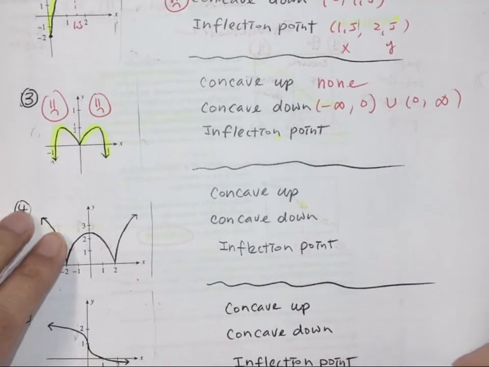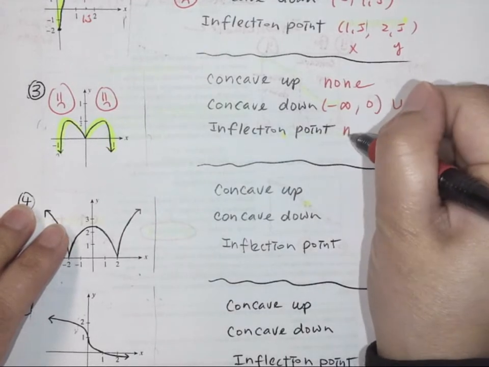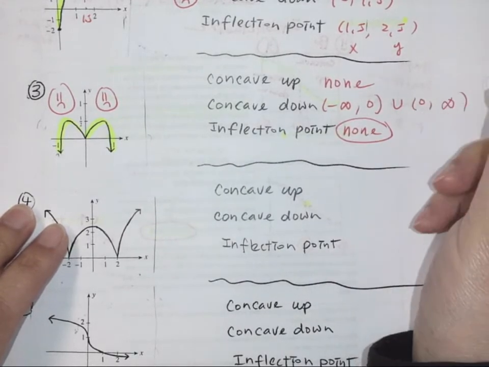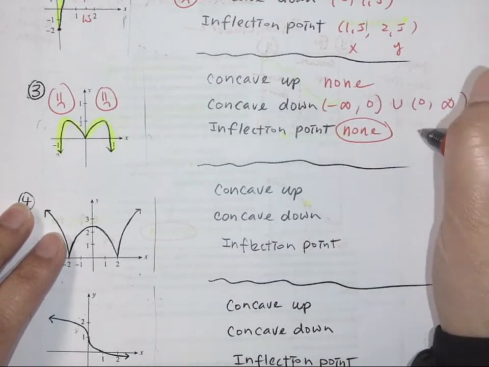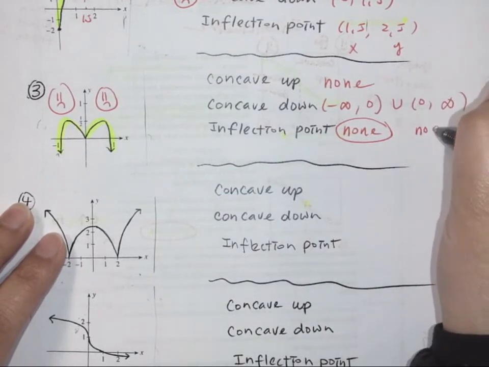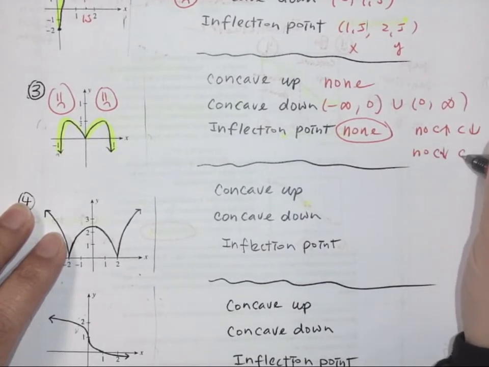How about the inflection points? If they didn't change concavity, then we have no inflection points. Remember, inflection points have to be changing concavity, and we don't have concave up to concave down, and we don't have any concave down back to concave up.